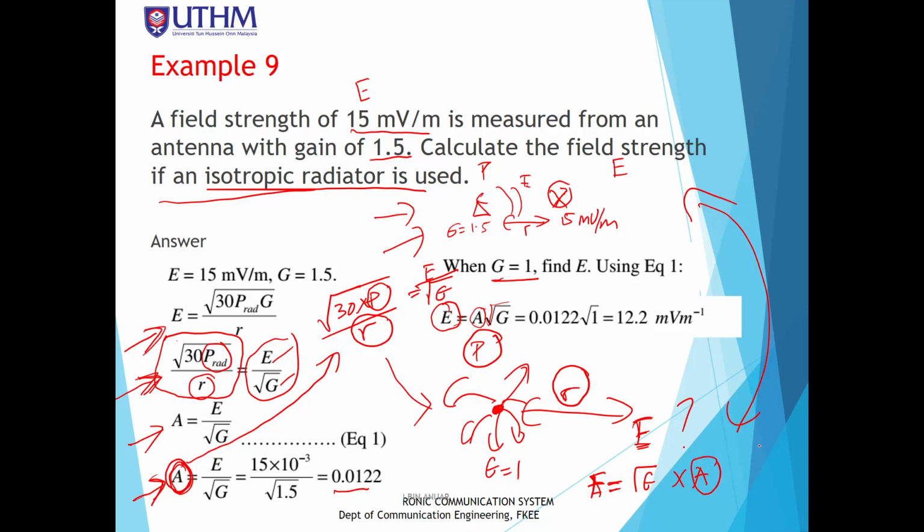Apakah A parameter? A parameter adalah bersamaan dengan square root of 30 times P, power, divided with distance R.